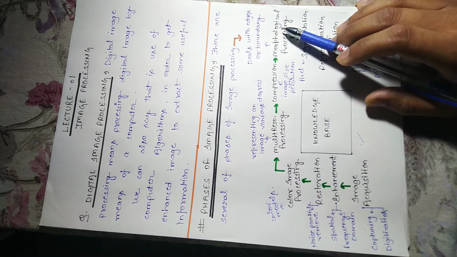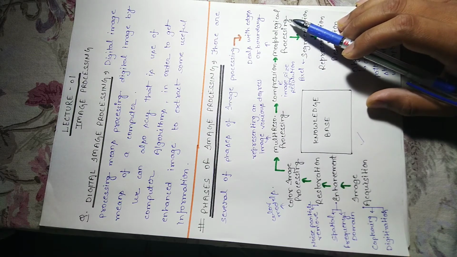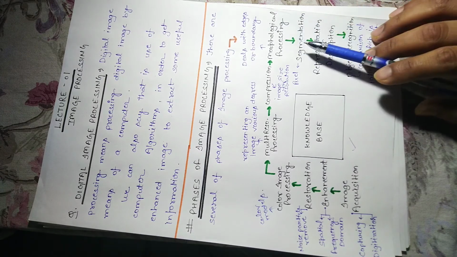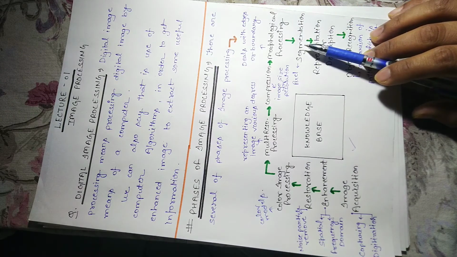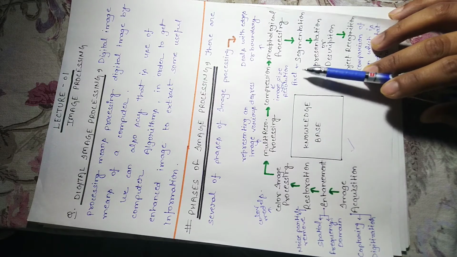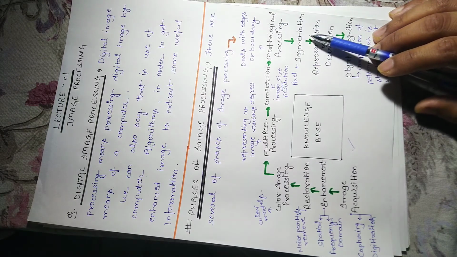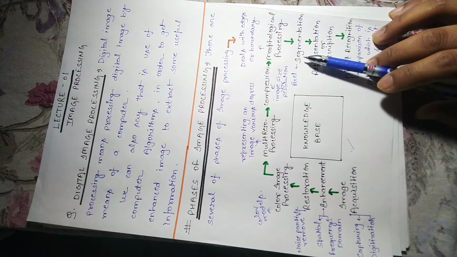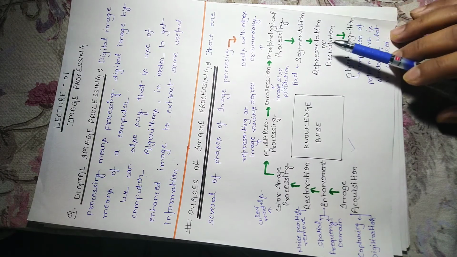The next step is segmentation, or we can say partitioning of an image into its constituent parts like pixels. Segmentation is related to segmenting the image for getting more brief information about it.